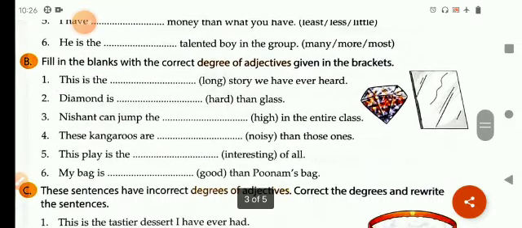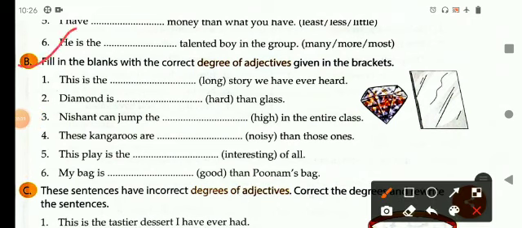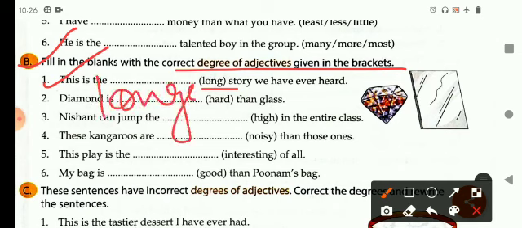Now come to the next one. That is also fill in the blanks. Here you have to fill it with the correct degrees of adjectives given in the bracket. The first one is, this is the dash story we have ever heard. Long is given. Now the degree that will be used is superlative, longest. This is the longest story we have ever heard.